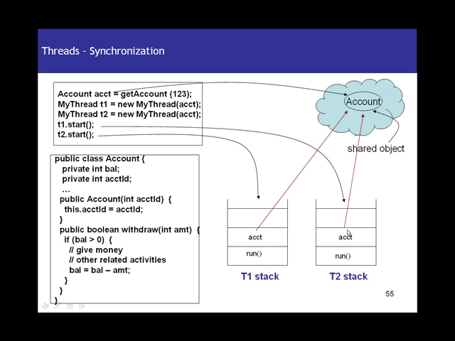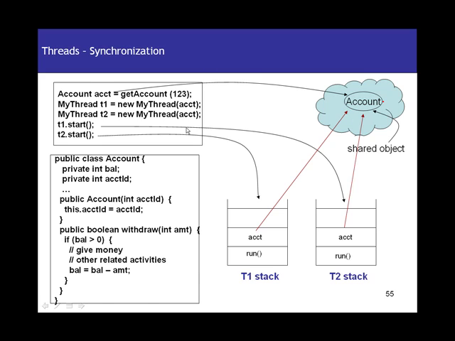As we've learned earlier, when we talk about threads, you can perform multiple things at the same time. So both the T1 and T2 threads can process at the same time, and T1 and T2's run methods will be kicked off at the same time. Take note here that the account instance in T1 and T2 refers to the same account object on the heap, because I am passing the same instance to both.